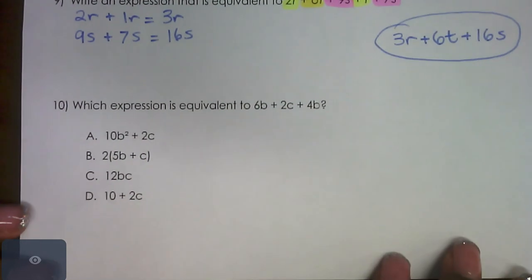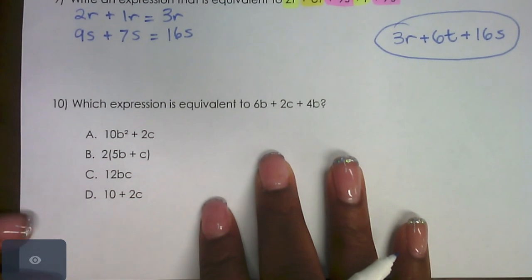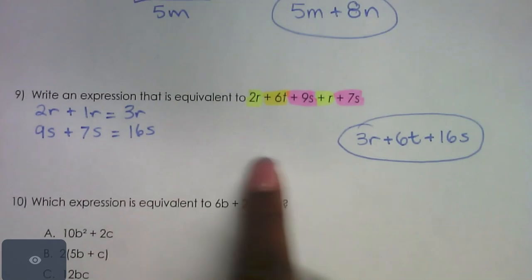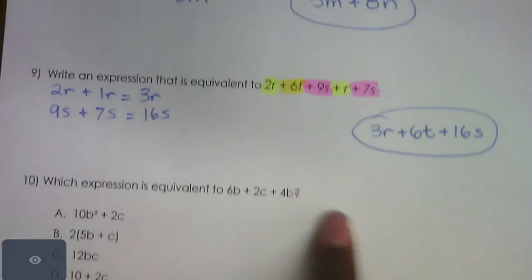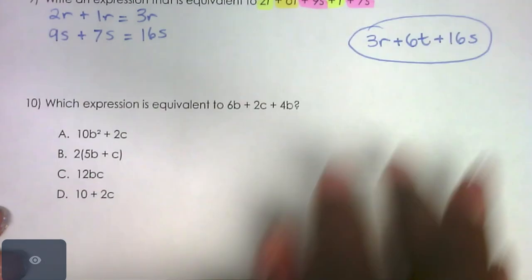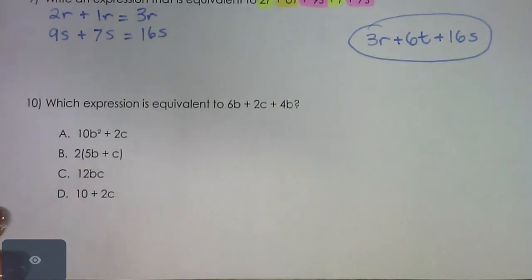Number 10, which expression is equivalent to 6b plus 2c plus 4b? Okay, so this is like the previous problems where we had to do some combining first, and then we have to do some simplifying, and then we're going to see what matches. So let's identify what terms match.